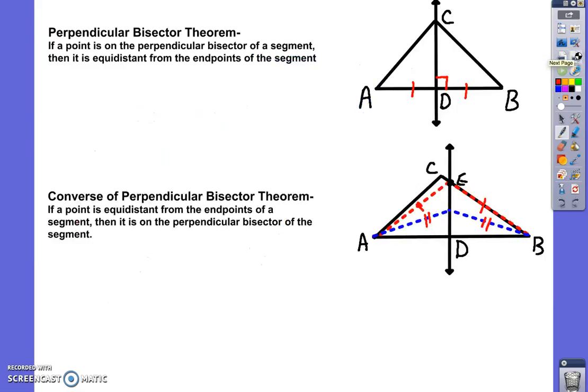So let's jump in here and take a look at the perpendicular bisector theorem. We're going to need to know this, so make sure you get this copied down. So go ahead and hit pause, copy it down in your notebook. Okay, so perpendicular bisector theorem.